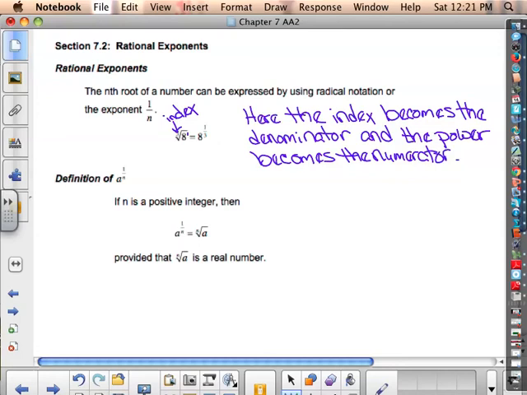So we're just going to rewrite radicals as rational exponents.